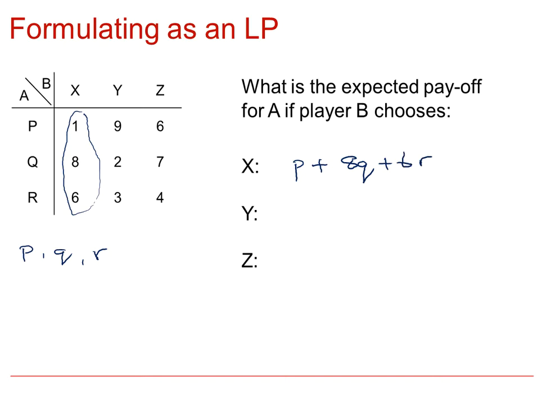Similarly, if player B chooses Y, it would be 9p plus 2q plus 3r by looking down that second column, and for Z, 6p plus 7q plus 4r. And the value of the game is the minimum that A will win. Let's call it V.